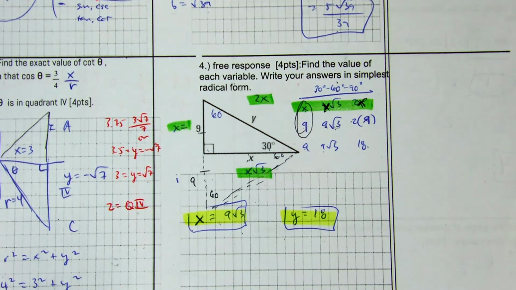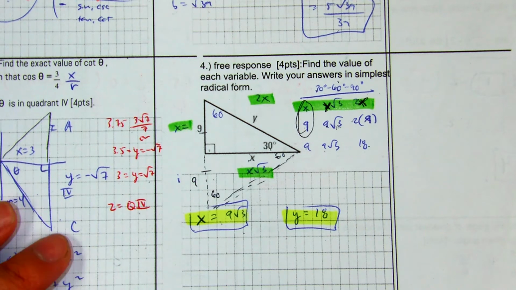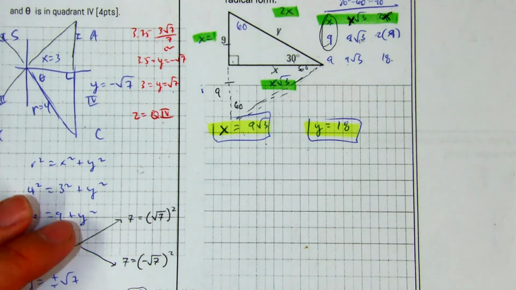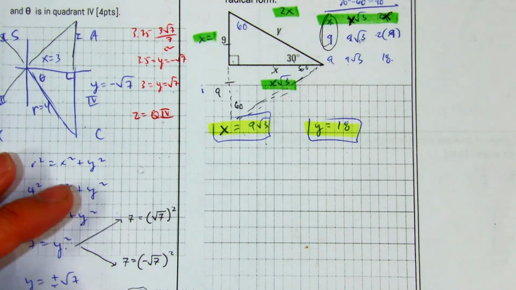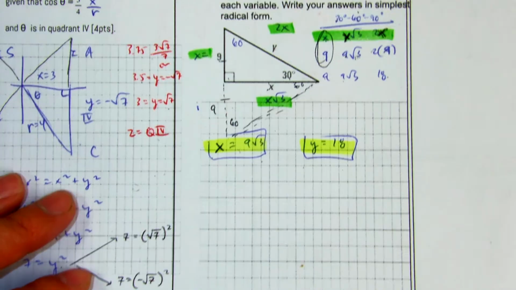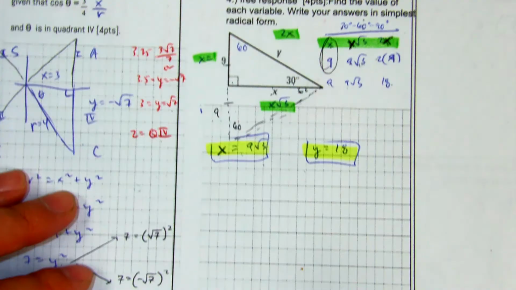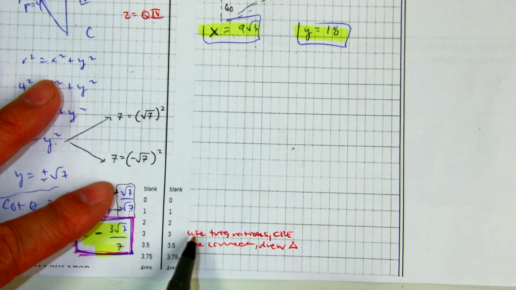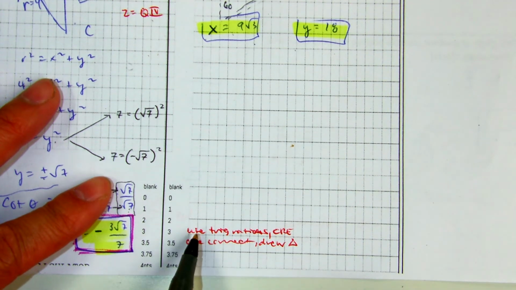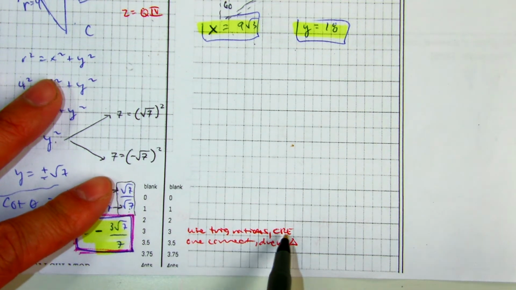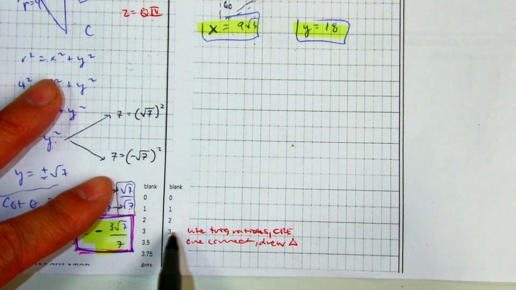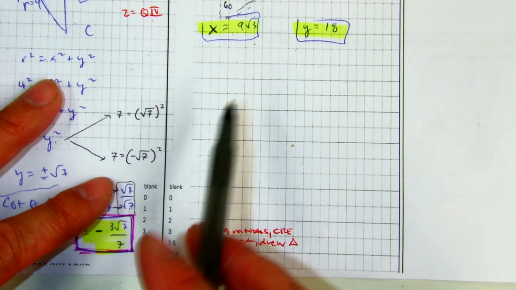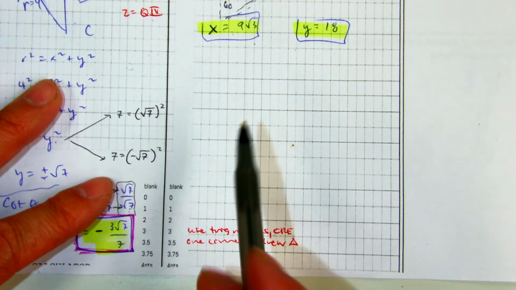Interestingly enough, this was the non-calculator part of the test. So if you chose to use trig ratios, that was actually incorrect. This was actually asking you if you can figure out using the special right triangles. So if you gave me equations using the trig ratios, a calculator ready equation, I only gave you 3, because it tells you simplest radical form, which implies there are radicals, and not using your calculator.